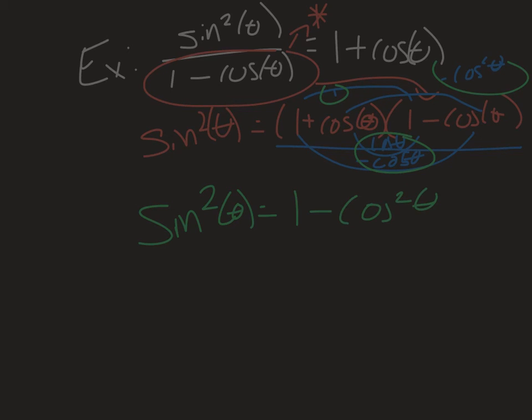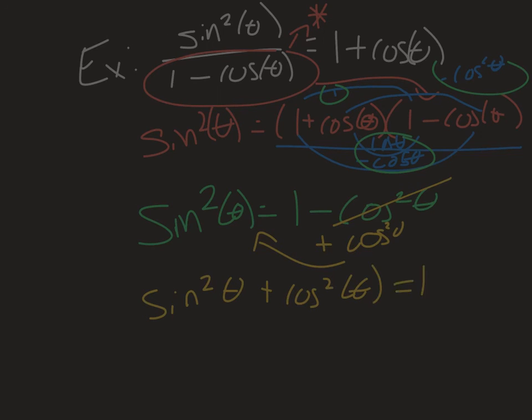You may look at this and think, that's pretty close to the Pythagorean identity that we already know. And it is. If I add cosine squared of theta to both sides, that will cancel out this one on the right, and I'll have sine squared of theta plus cosine squared of theta is equal to 1.